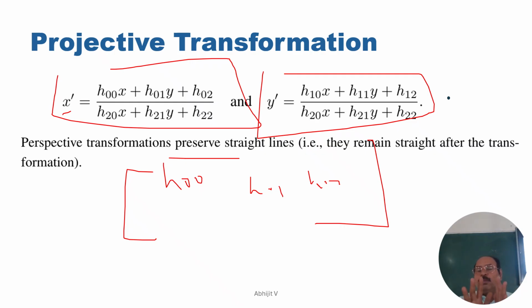What I have taught you today is purely from the examination point of view, and you may get questions based on this. Your assignments or quizzes are done only through this. Okay. So in perspective transformations, straight lines are preserved from the original image to the transformed image.